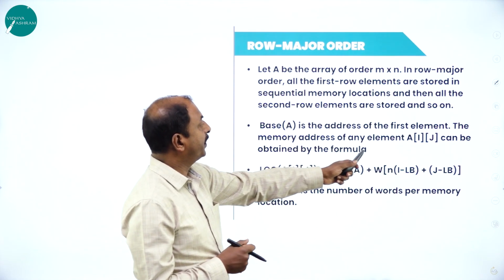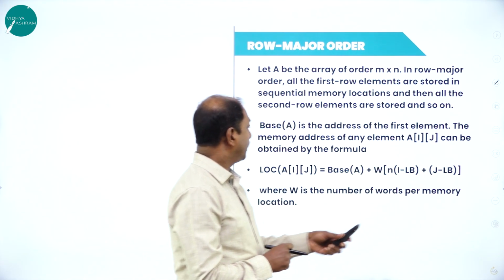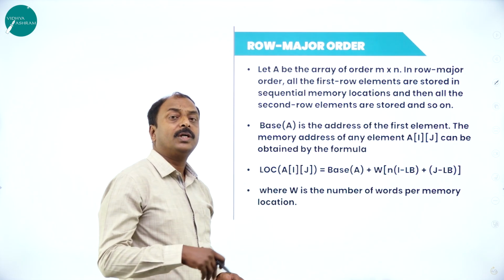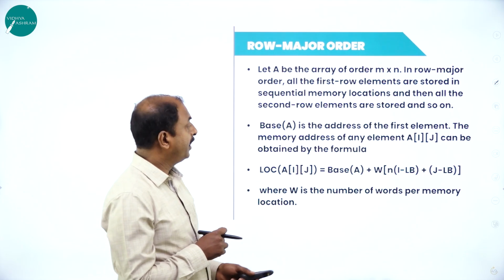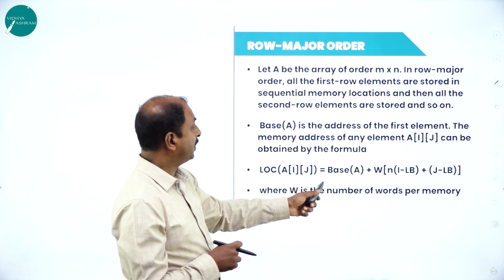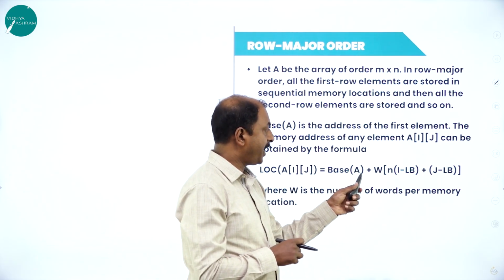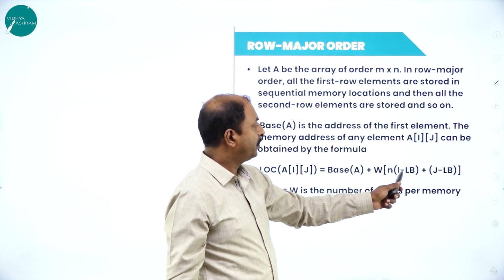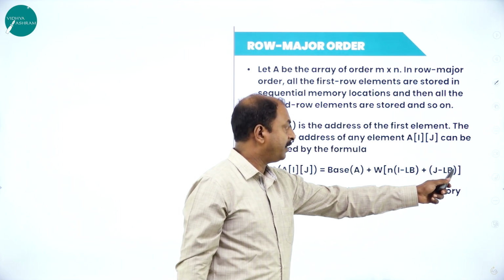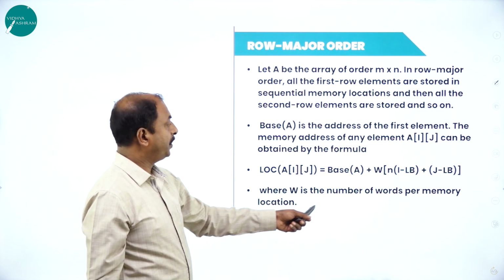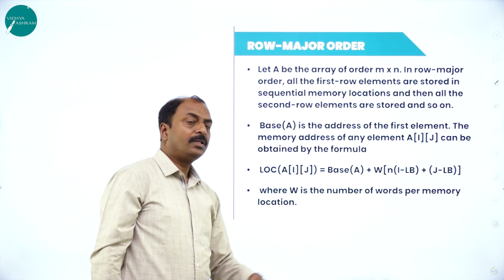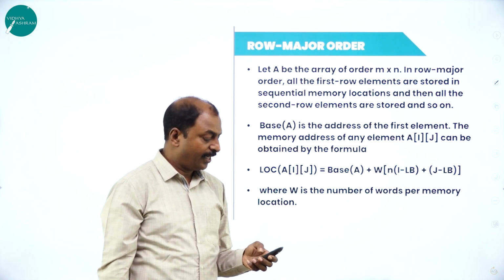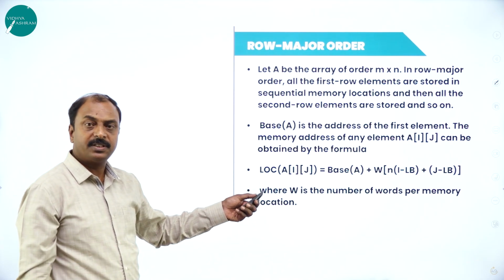The memory address of any element A of i comma j is obtained by this formula, where w is the number of words per memory location, which depends on the data type of the array. So this is the formula.